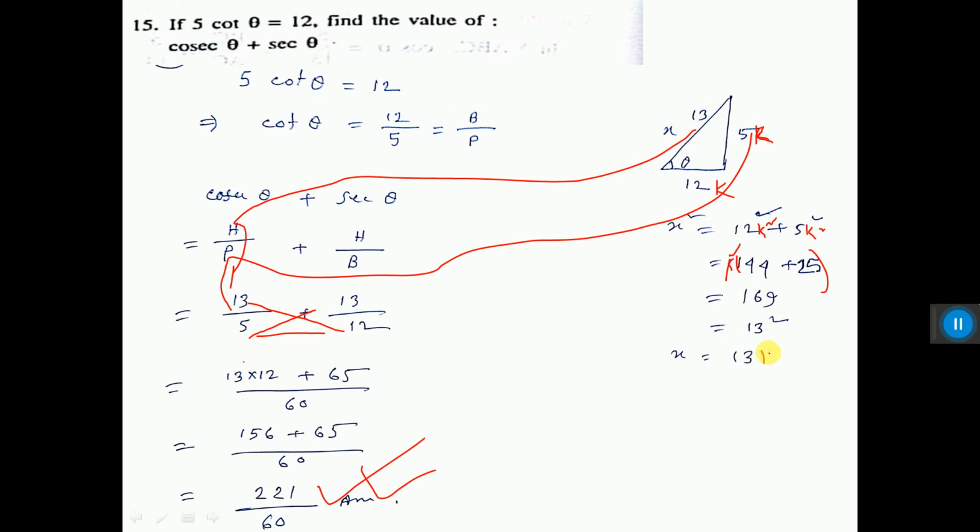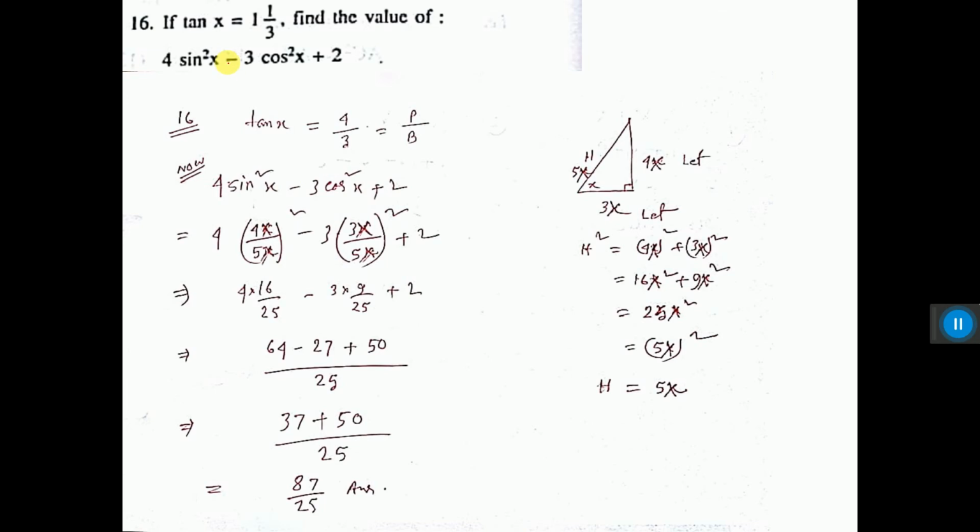It will be 13k, so here also 13k. Everywhere you put k, here 13k by 12k, 13k by 12k, then k cancels, after that all will be equal.